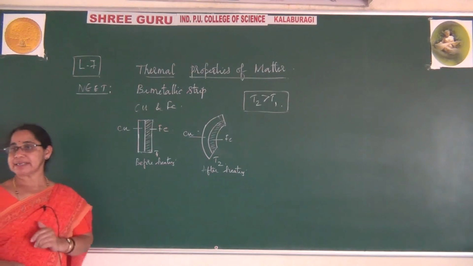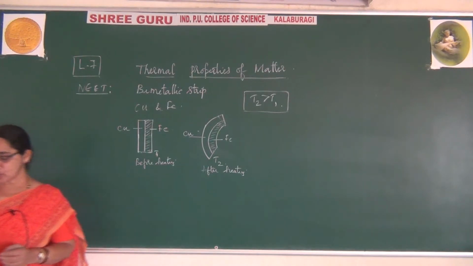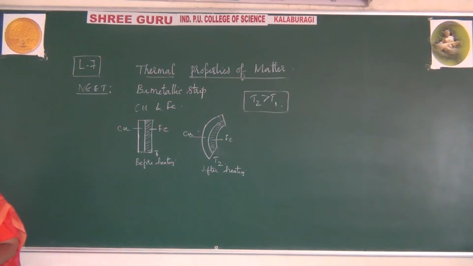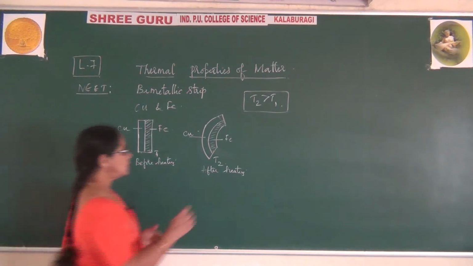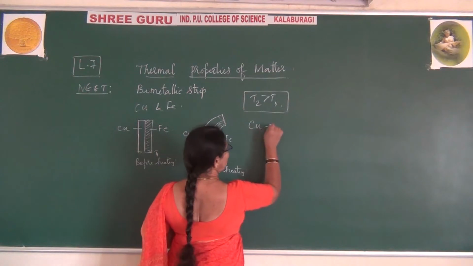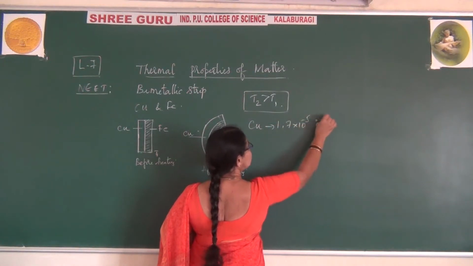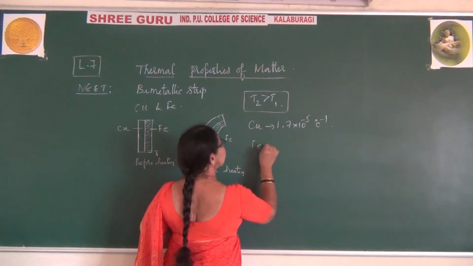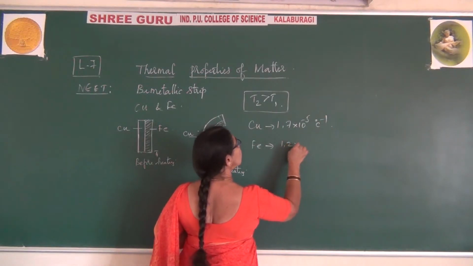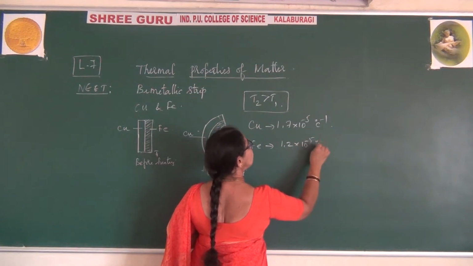Copper has 1.7 into 10 raised to minus 5 per degree centigrade. Iron has 1.2 into 10 raised to minus 5 per degree centigrade.